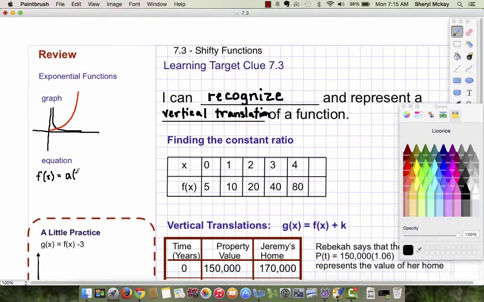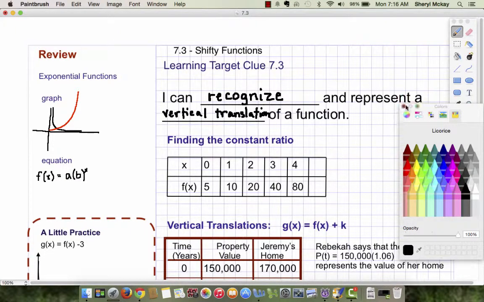Just the letter b, to the x power. So sometimes it was just f of x equals b to the x power, but sometimes we had a starting place, and that's what our a was. So those are two things that are important to remember about exponential functions.